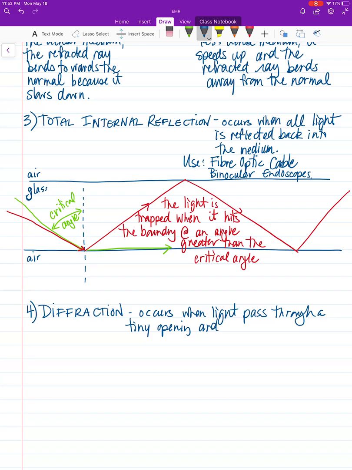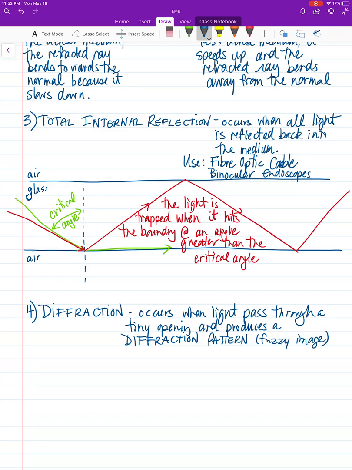What will happen is that there'll be interference with the light and it will produce a fuzzy image, or a diffraction pattern. And that is a fuzzy image.